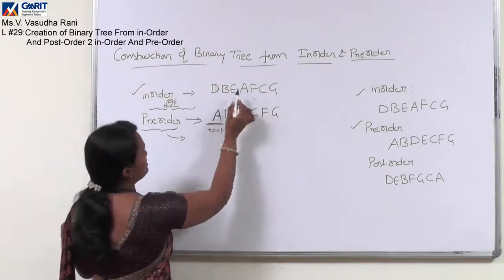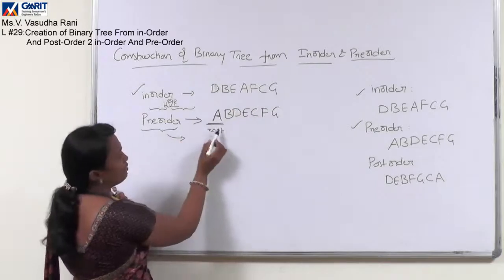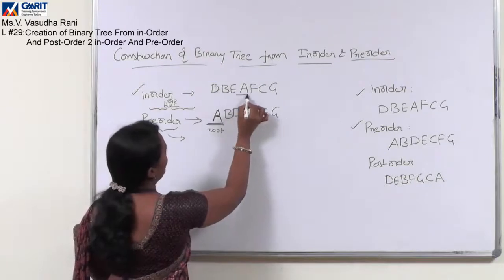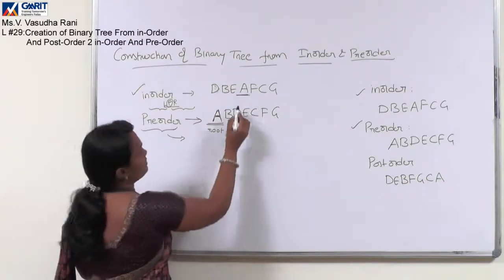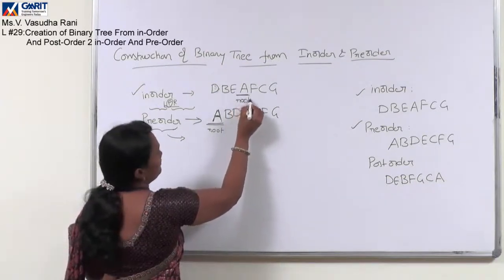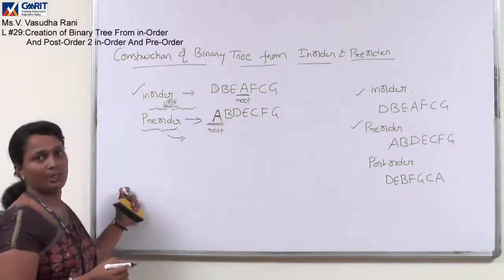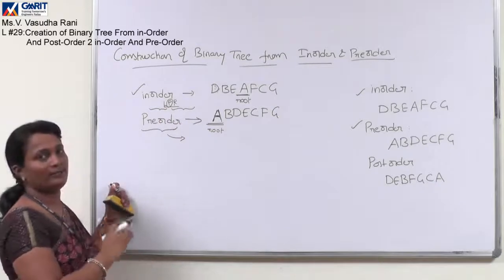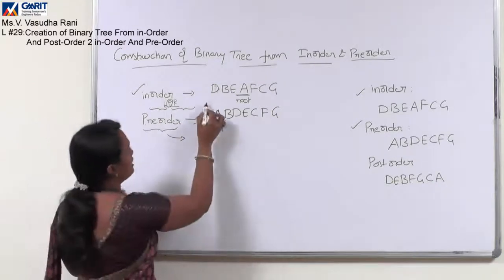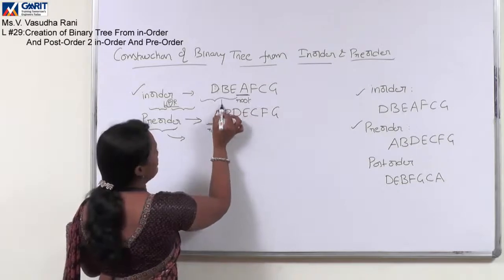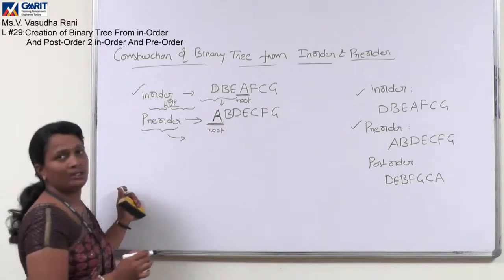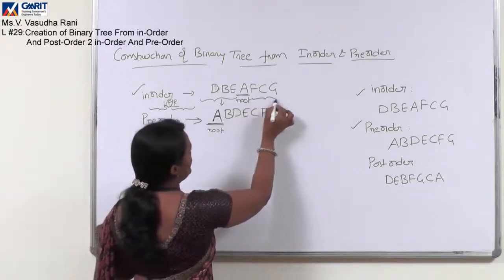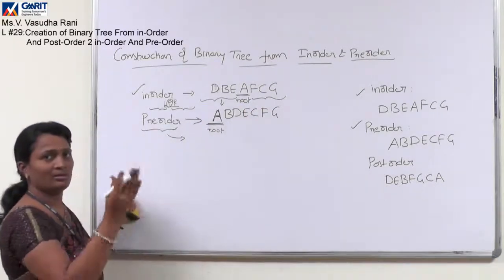As we have already identified from the pre-order, A is the root node. If you identify the root in the in-order traversal, as per the strategy of left, parent, right, we can observe that the left part, DBE, is related to the left subtree of A, and FCG is related to the right subtree.